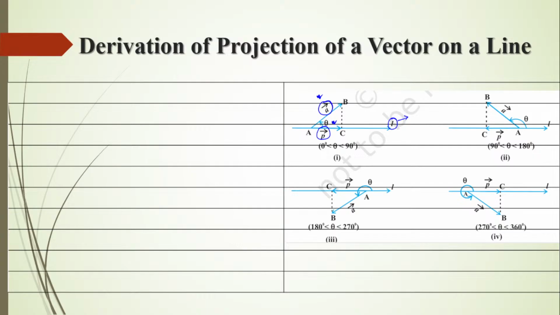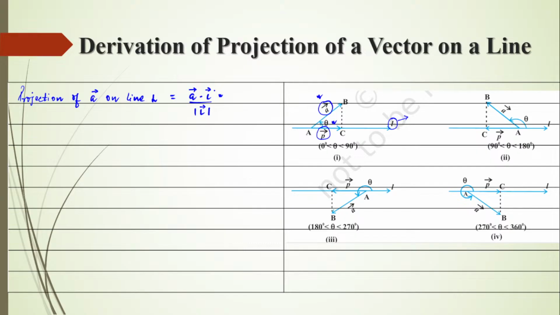So we write down here: projection of vector A on line L equals vector A dot vector L by magnitude of vector L. This is the dot product.